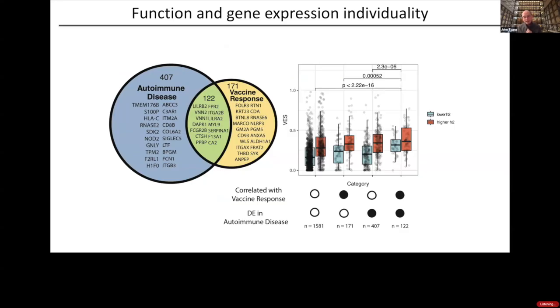Then we tried to ask, are these genes really functionally relevant, and do they have potential relevance if you actually perturb them? I won't go into the details, but when we look at genes implicated or signatures of autoimmune diseases, and also genes at baseline that predict vaccine responses, especially the genes present in both, you can start to see that they are more enriched for those genes from the pediatric cohorts that are more explained by differences across different subjects.